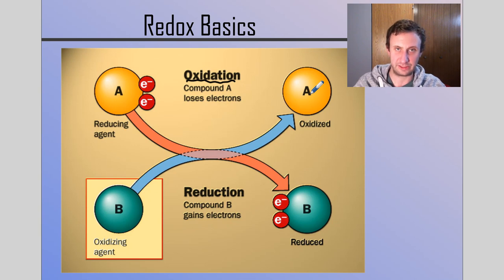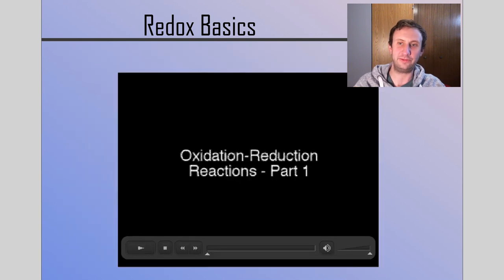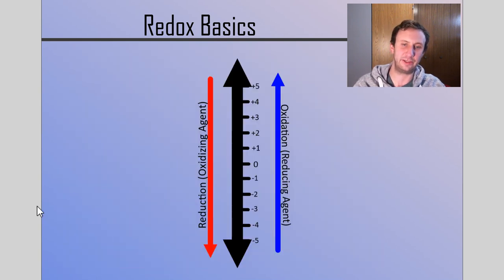But reduction in chemistry means you're gaining electrons. You're becoming more negative. This is, I think, the easiest way to think about it. When you are having reduction taking place, you're going to the more negative. So reduction happens to the oxidizing agent, and as reduction takes place, the thing becomes more negative. That doesn't mean it becomes negative, just more negative than it was before.